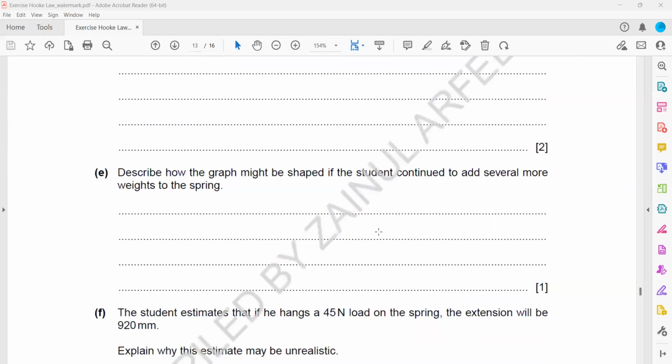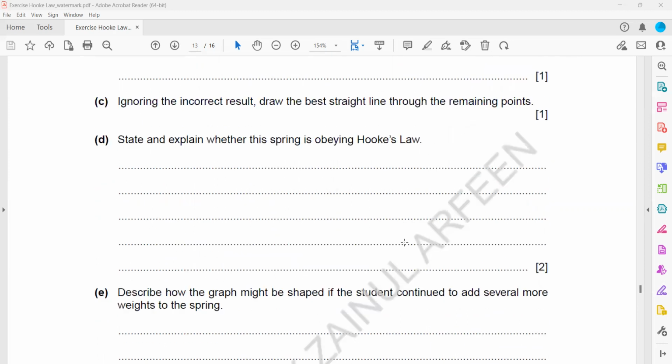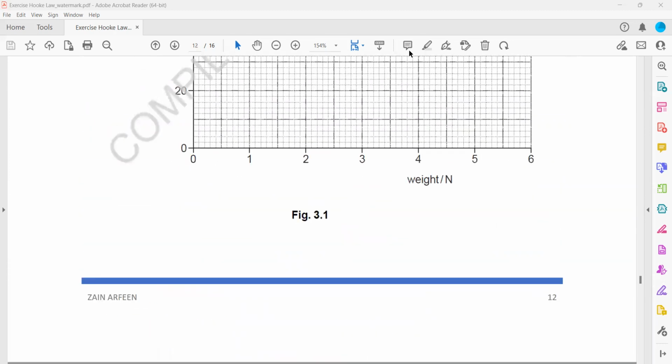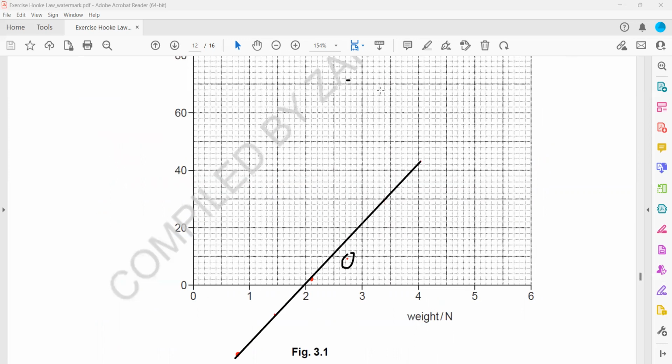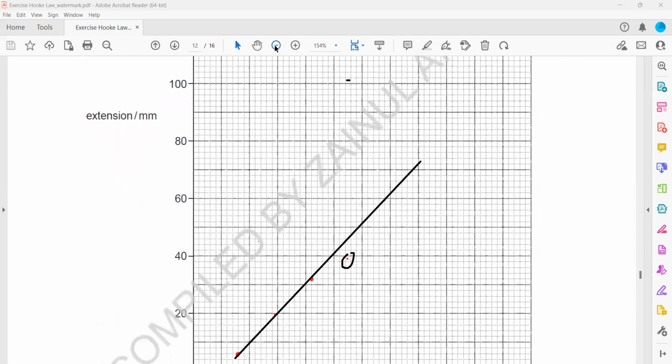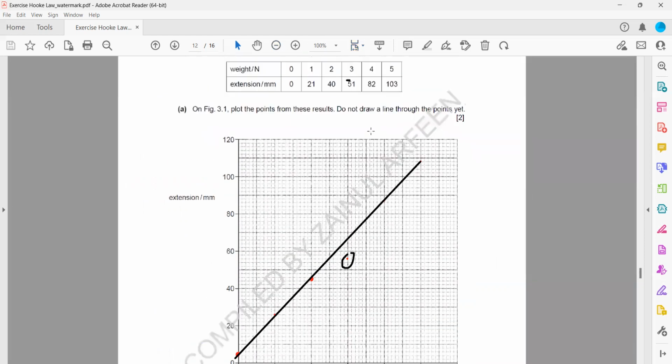Describe how the graph might shape if the student continues to add several more loads. Yes, there is one point that does not obey Hooke's law. That point appeared to be inaccurate. That is a mistake done by the student, not about the spring.